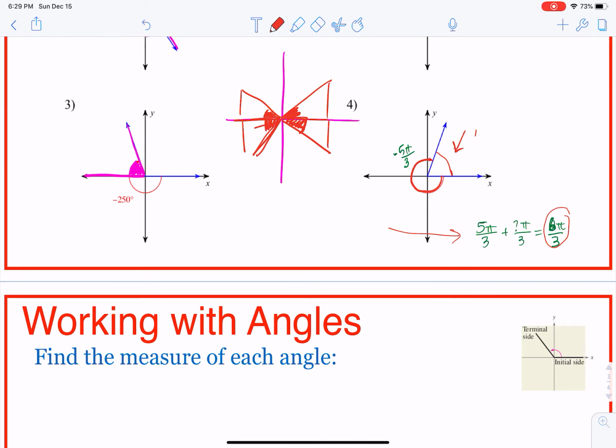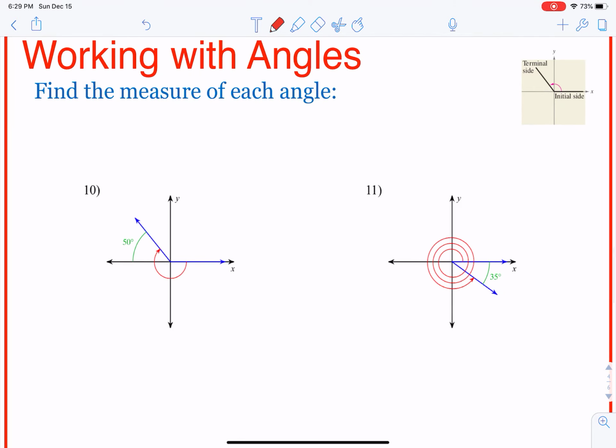So the measure of this angle right here is pi over 3. And we'll work more with radians. I know for some of you they're still really new, but think about going back to making common denominators, working in terms of pi, and so on.